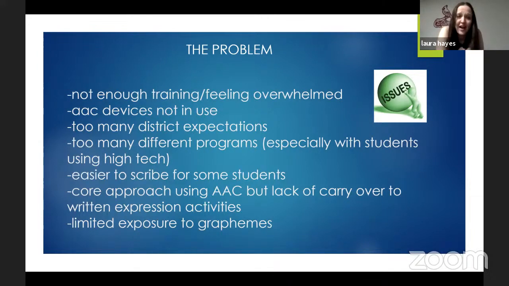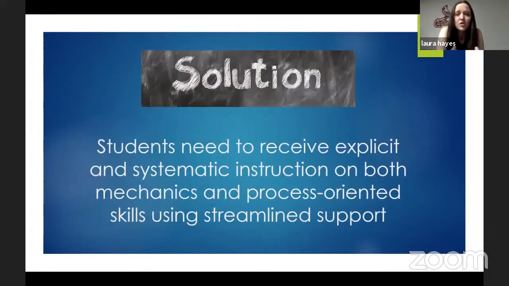Alongside all of that is limited exposure to graphemes. If we don't have the exposure to graphemes and phonemes, then we really are putting a big barrier in front of our students so that they aren't able to learn how to independently read and write. So solution-wise, what do we do?